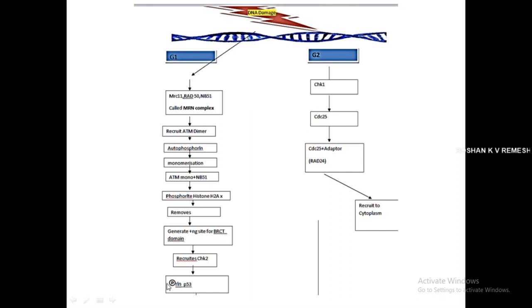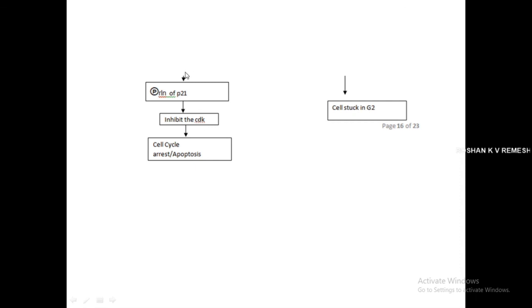So it normally undergoes degradation because it is not phosphorylated. The non-phosphorylated form of p53 gets degraded drastically. Then that cannot activate the p21 protein. So p53 cannot activate p21 to inhibit the CDK. So the cell cycle cannot get stopped at the G1 phase or the G2 phase of the cell cycle. So those individuals are susceptible to some sorts of cancers.